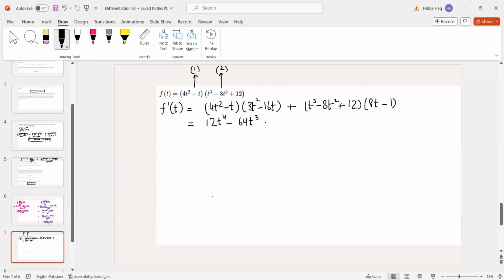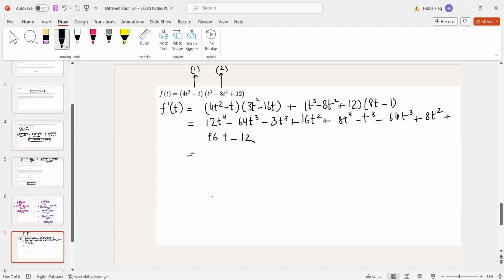Now I have to multiply minus t. So I have minus 3t cube plus 16t square. Likewise, I'm going to now multiply this bracket. So I have plus 8t raised to the power of 4 minus t cube minus 64t cube plus 8t square plus 12 into 8. So 12 into 8 gives me 96t minus 12.